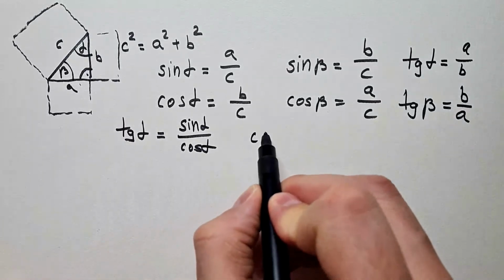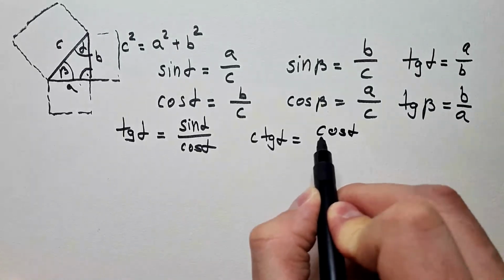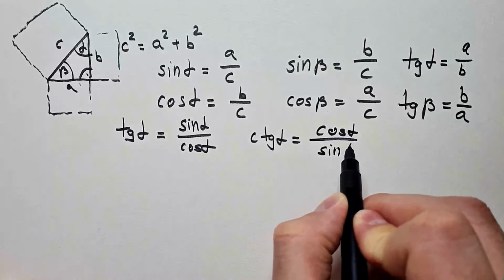We say that cotangent alpha is cosine alpha over sine alpha.